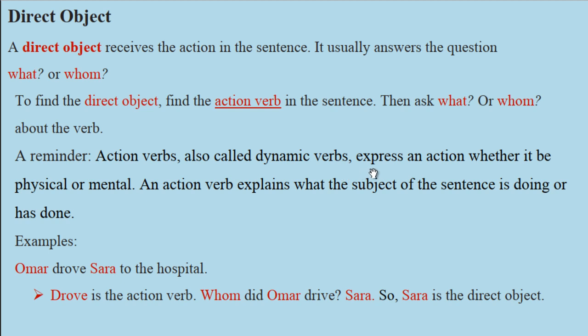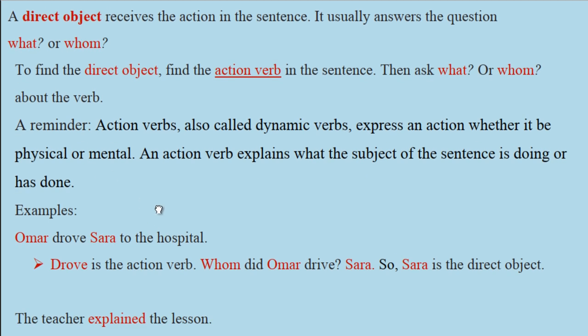They are verbs that express an action, whether it is a physical or mental action. An action verb explains what the subject in the sentence is doing or has done. That means what the subject did.